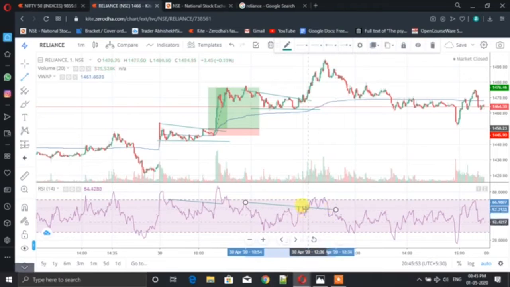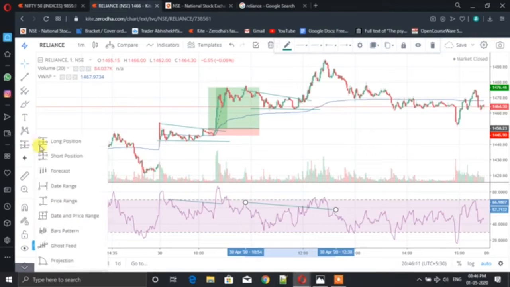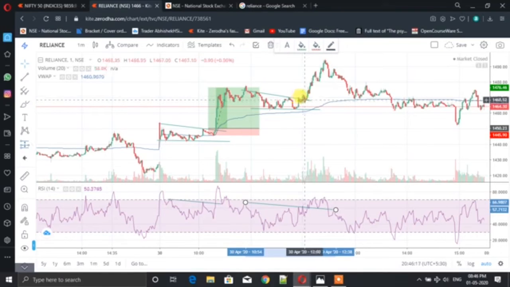Yeah, so as you can see in this region, at the RSI as well as at the candles, both broke out at the same region, and it was a pretty big move again, around 27 to 28 points, from 1476 to 1496. We can almost say it's a 30 points up move. Let's see.